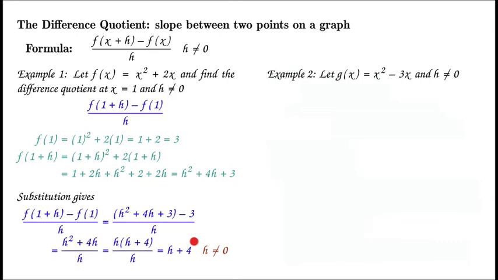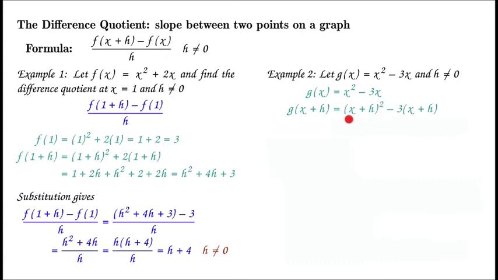As a second example, let's look at g of x equals x squared minus 3x. Again, looking at h not equal to 0, but this time, instead of giving a specified x value, why don't we do this as a general function? So in this problem, we need to have g of x, which is just the function itself, and g of x plus h, which we see as x plus h quantity squared minus 3 times x plus h.